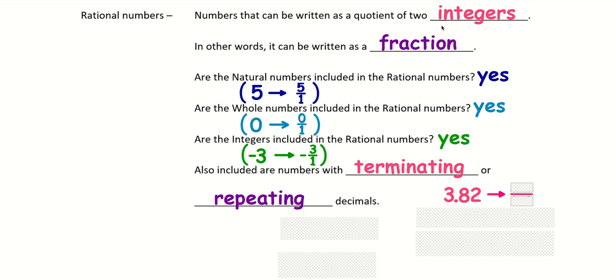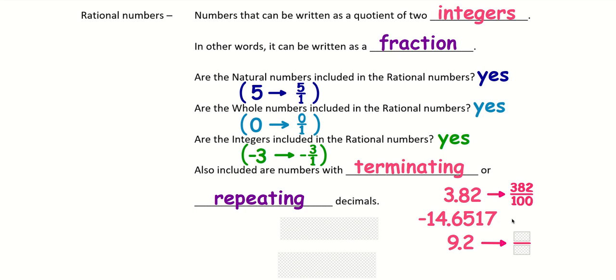But again, it also fits the official definition of being able to write it as a fraction, and that's what you would do if you wanted to prove that you could write it as a fraction. Or something like this: this has a terminating decimal because it stops, it terminates after 4 places, and you could write it in the same way.